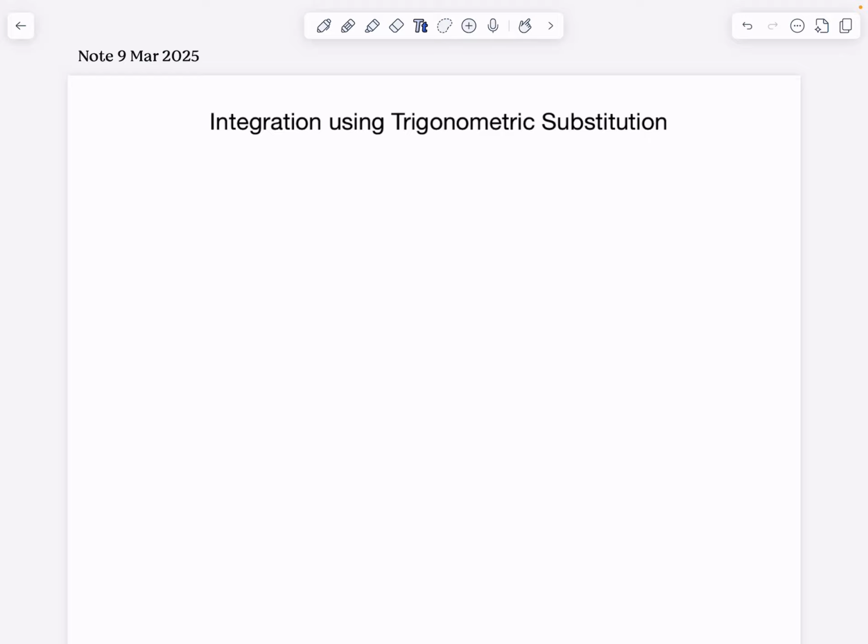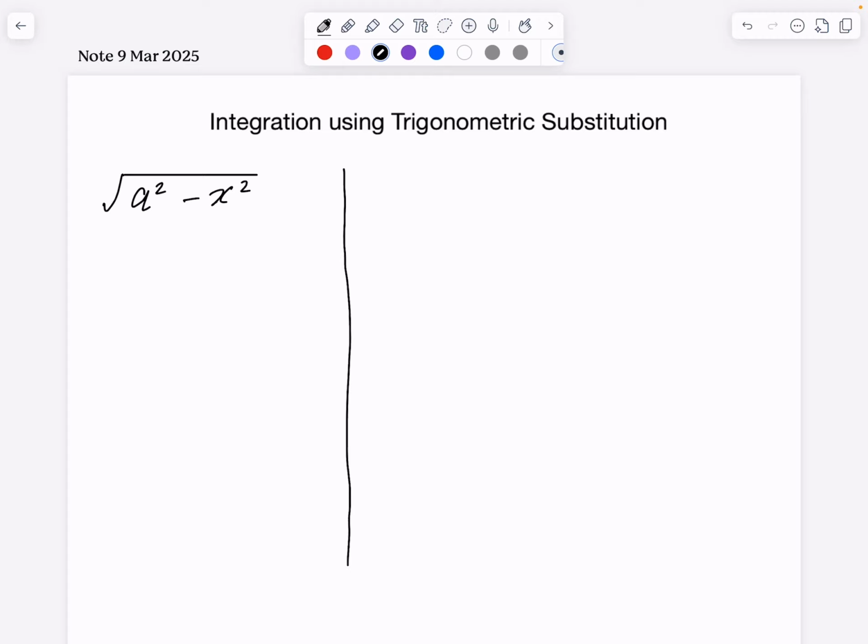So the first form is the square root of a squared minus x squared, which is related to sine. The second form is a squared plus x squared.